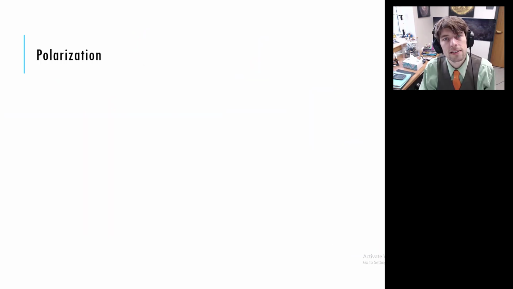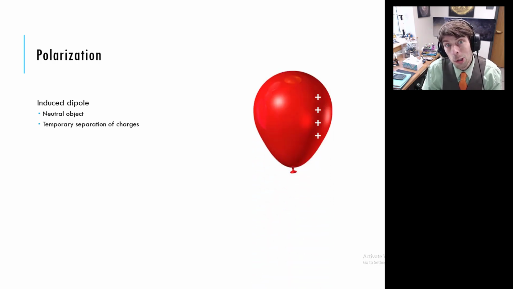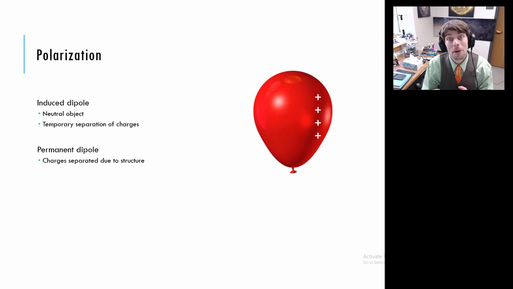Now, for completeness, you can think of induced dipole moments. Those are temporary separations of charges in an object. But there are also situations where you have what's called a permanent dipole, a permanent separation of charges in an object.